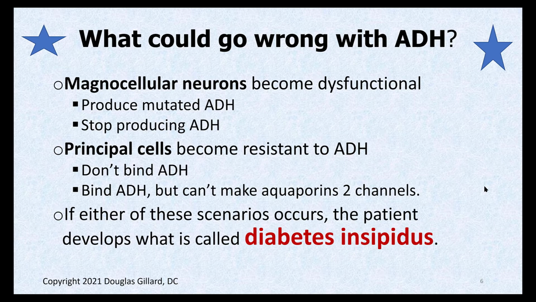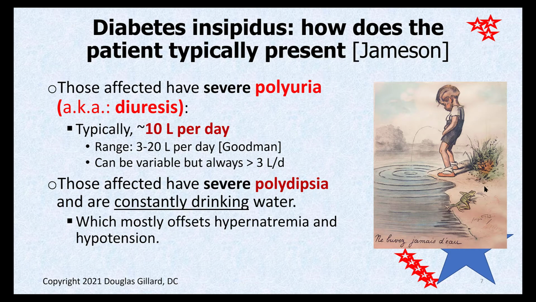Sometimes there's nothing wrong with magnocellular neurons, but the problem is with the principal cell, like the V2 receptors won't bind ADH properly. Or maybe it binds ADH okay, but then it has to make aquaporins too. Maybe something's messed up with that central dogma of aquaporins too. But anytime ADH is not doing its job, the condition is called diabetes insipidus. There's a rare exception to that rule we'll look at, where you just overdrink water, but that's super rare.